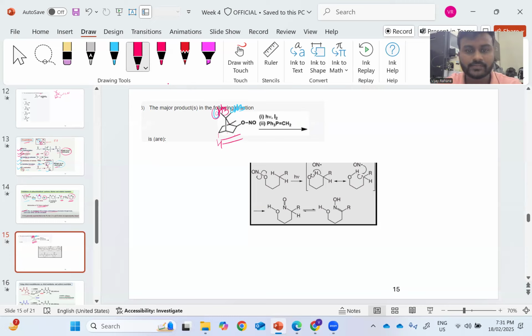So there are three possibilities. Also alpha, beta, gamma, and obviously this is also the same. And there are also two hydrogens. So in this case, four possibilities occur. With this reaction, hν and then the reagent from the Wittig, right? So what happens in this case?